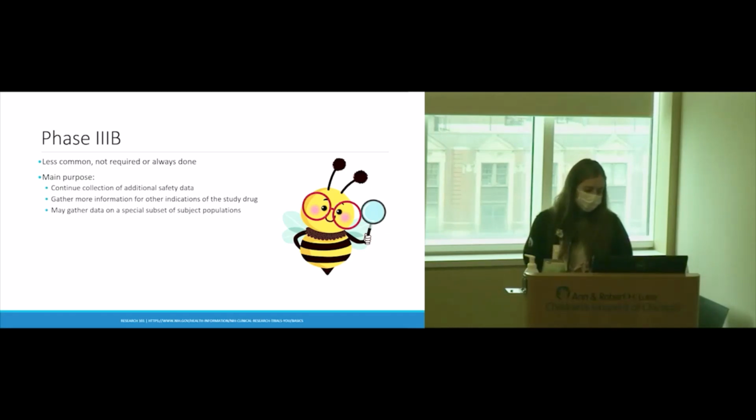The last thing that you might consider in a phase 3B study is gathering data on special subsets of subjects. So we know symptoms or manifestations of conditions can vary between individuals. And so when you're doing a phase 3B study, you can start to think about subsets of the patient populations and focusing in on how it treats different manifestations.